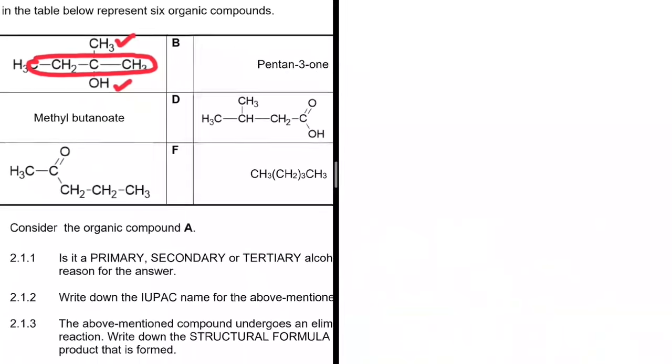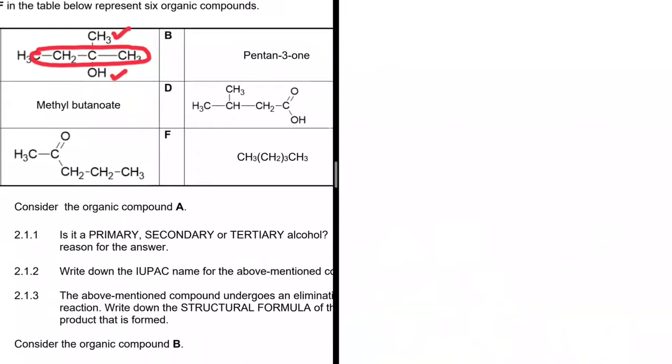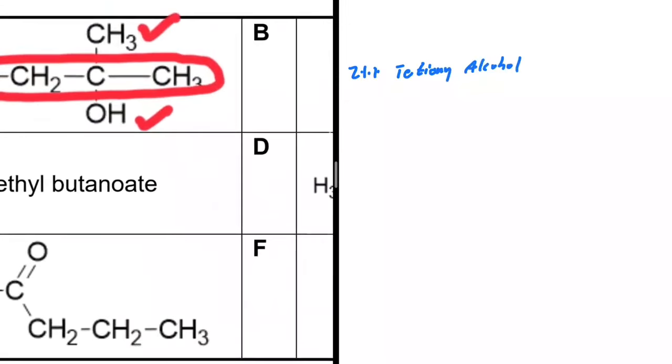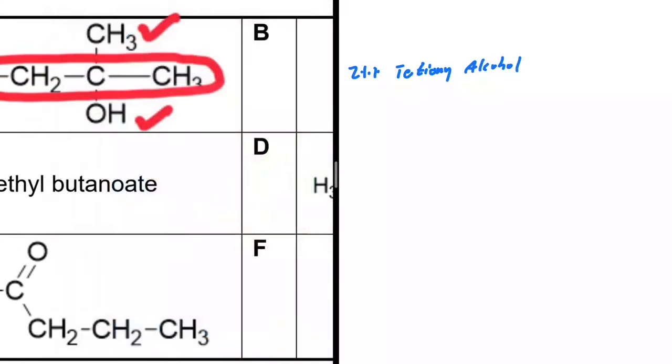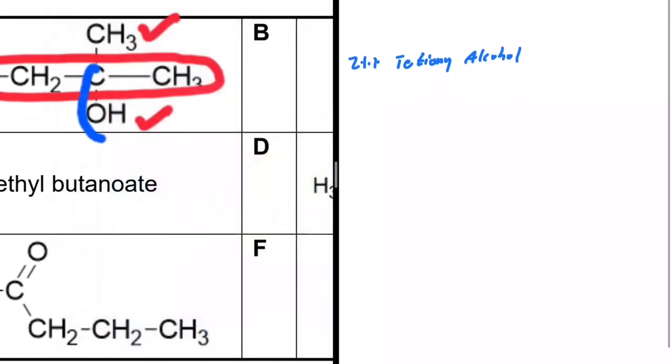Let's go back to the question. Is it a primary, secondary, or tertiary alcohol? Well, this is a tertiary alcohol. So let me just write that down first and then explain why I'm saying so. Why do we say that it is a tertiary alcohol? Take a look at this carbon that is bonded to OH.